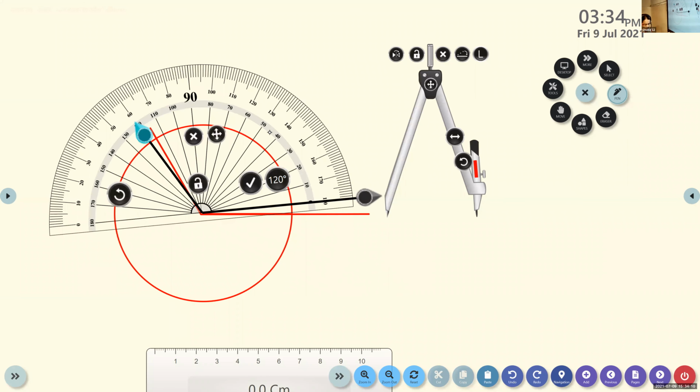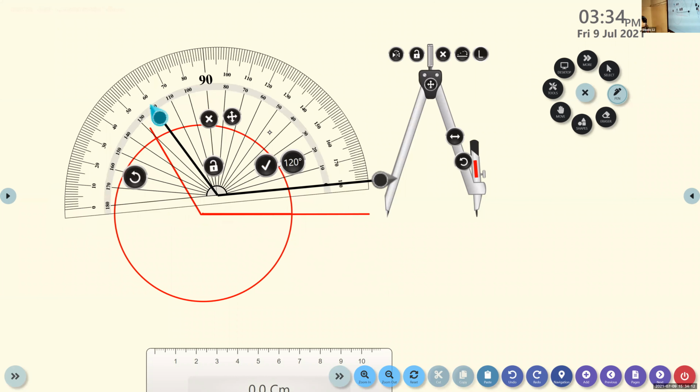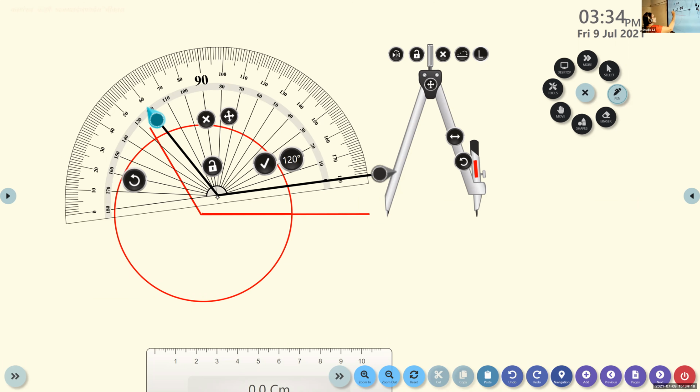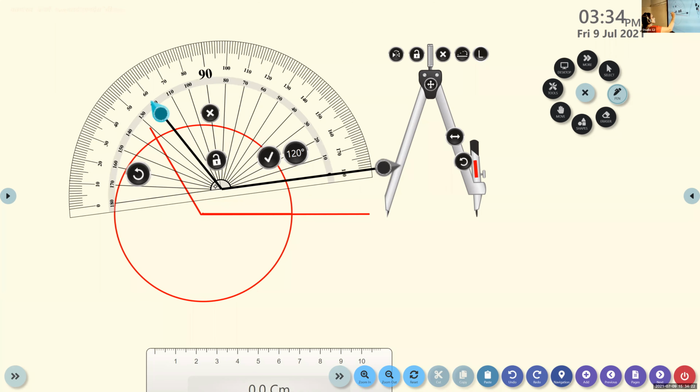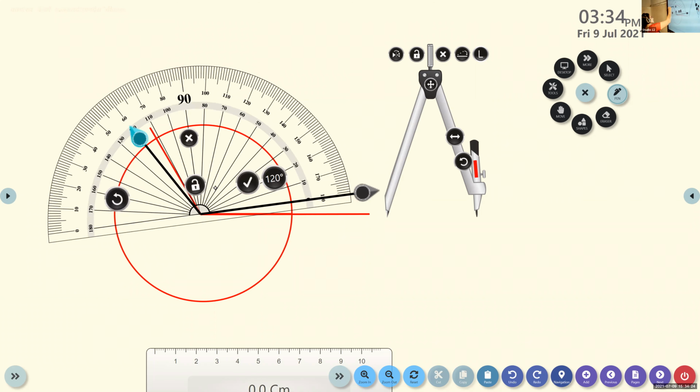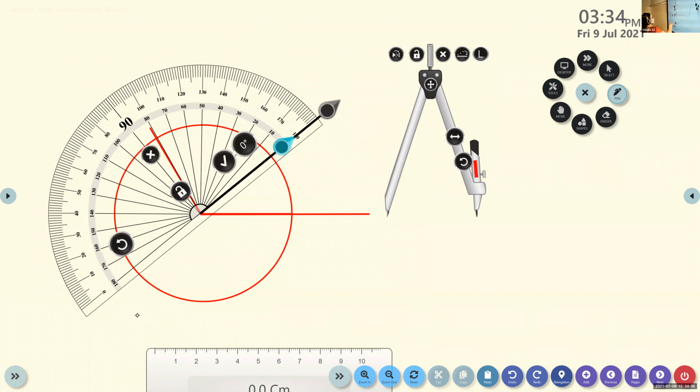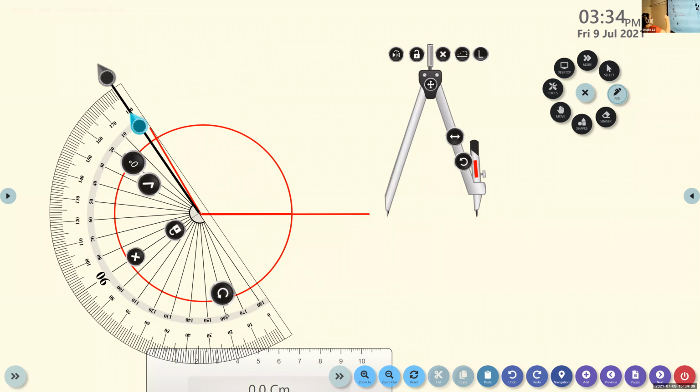Now, next angle is 90 degree. So again, fix it here. Then turn the protractor so that the line of the protractor and the radii coincide.